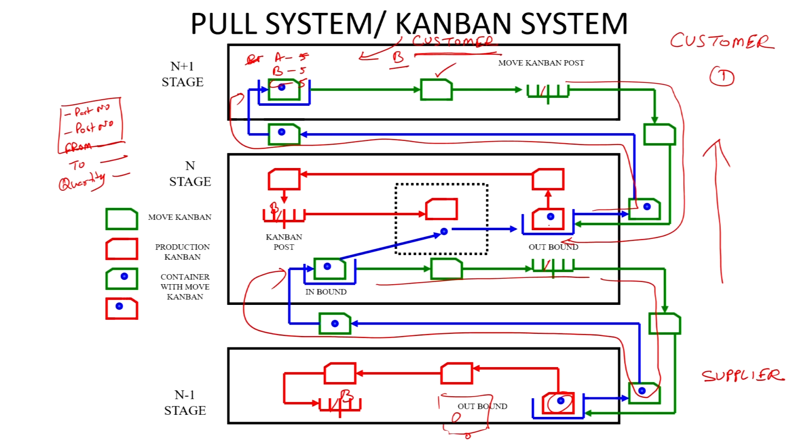Number 3, we are keeping a certain limited quantity at each of these stages and under no circumstances will this quantity exceed, because you will produce only when there is a trigger, when there is a card available, and a card will be available only when some item is sold, some item is taken by the next stage in the manufacturing process. So, this is how we can see this as a pull system, a Kanban system, a very important system.